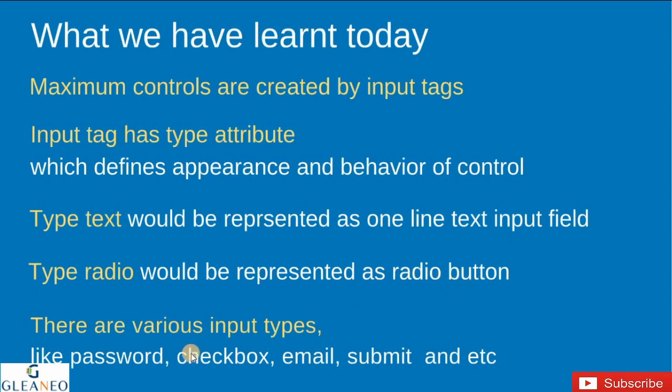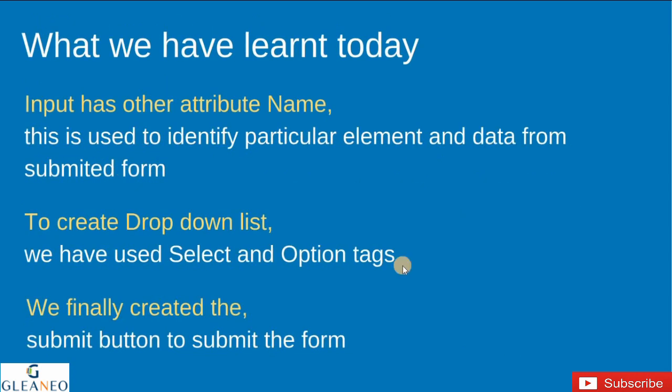There are various input types like password, checkbox, email, submit, etc. Input has another attribute, name. This is used to identify a particular element and data from the submitted form. To create the drop down list, we have used select and option tags. We finally created the submit button to submit the form.